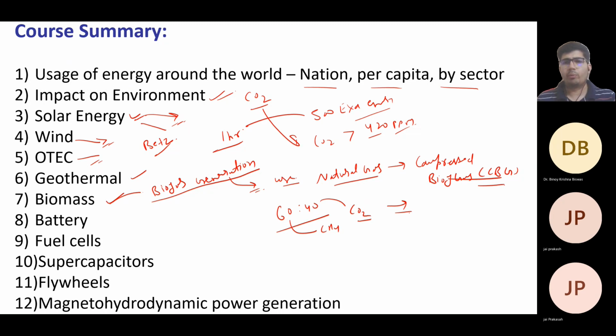From those technologies, you can upgrade the biogas to more than 90% CH4. And that upgraded biogas is called CBG. That CBG can be used as a fuel in CNG vehicles. You don't need any separate kit, any separate system. Directly you can fill the CBG into any CNG vehicle.